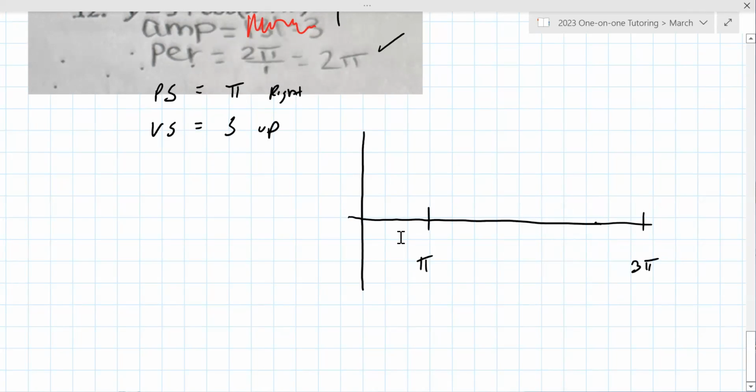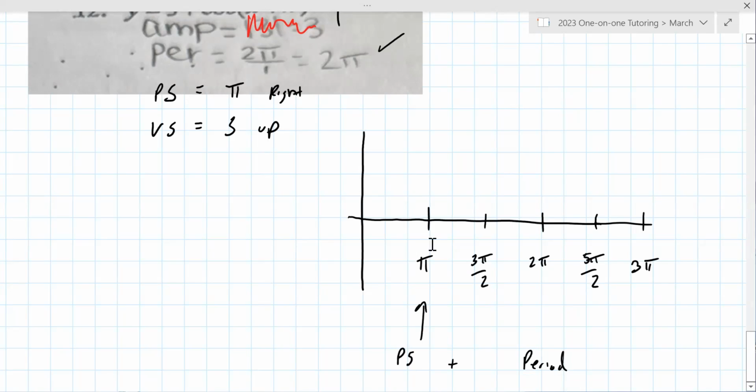And I'm putting a pi here because that's the phase shift. So when you graph these things, you actually start at the phase shift, and then you add a full period like this. Then you need the midpoint. Then you need the one in between the two, and then the one in between the other two, like that. Normally cosine starts at the origin, but it's up.